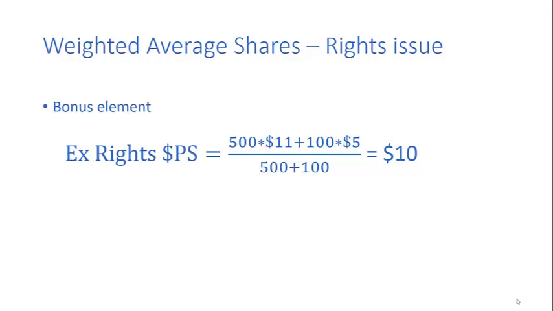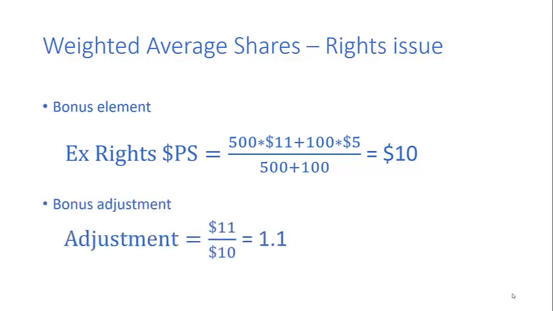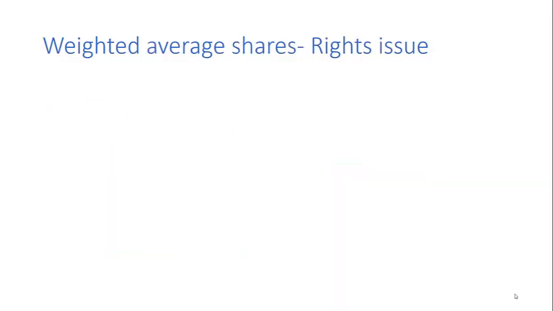And we're going to have 600 shares on issue. So that tells us that the ex-rights price per share is expected to be $10. That compares to a pre-issue price of $11, and so that suggests that there's a bonus element in the rights issue of 1.1.